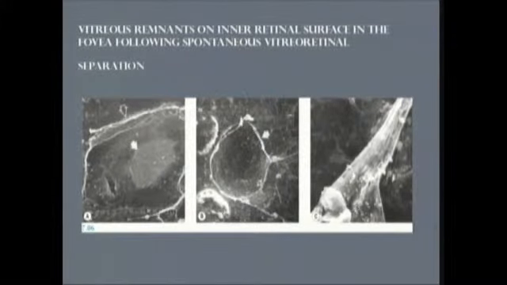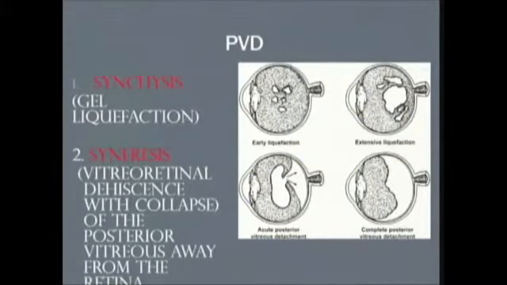This is when we have a normal spontaneous posterior vitreous detachment. You can see that in posterior vitreous detachment, there is still part of the vitreous attached to the internal limiting membrane. So in the normal process it's not totally detached completely. To have posterior vitreous detachment, you have to have two things, synchysis and syneresis.